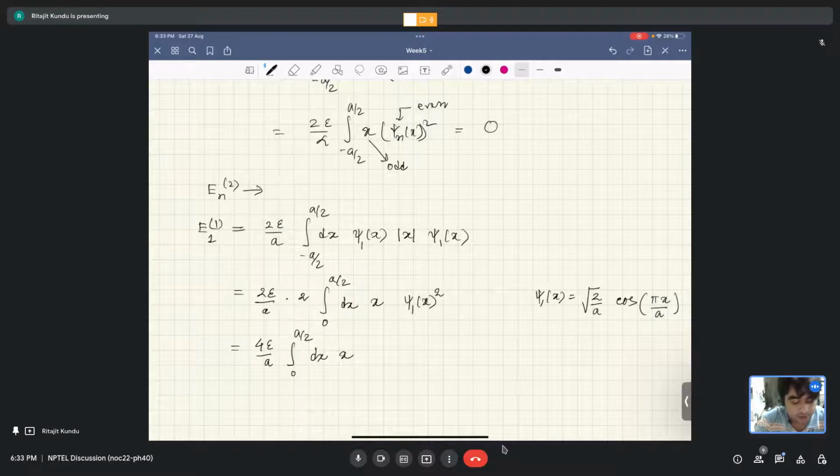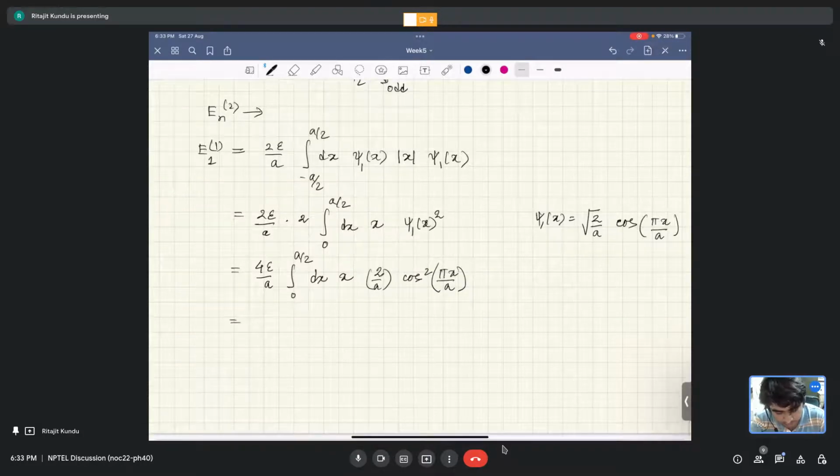This is my ground state in this system, and then this becomes 2 by a cos square pi x by a. Okay, so that is it. And I'll just get all of these numbers out.